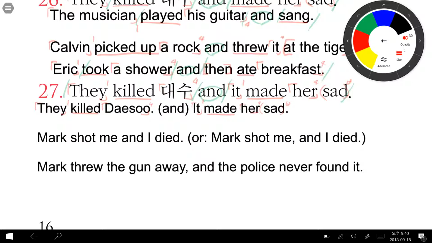They killed Desu and it made her sad. Note that in a compound sentence, we usually add a comma after the first independent clause. But in very short compound sentences, it is okay not to use one. Compare the shorter example sentence with the longer one.